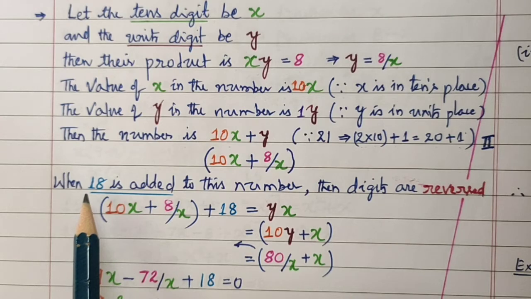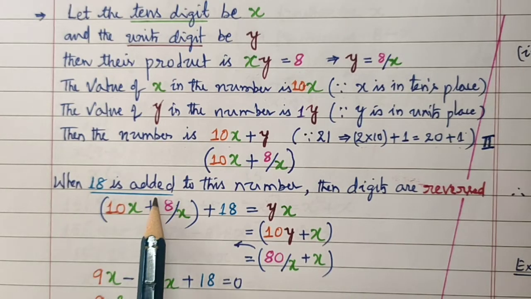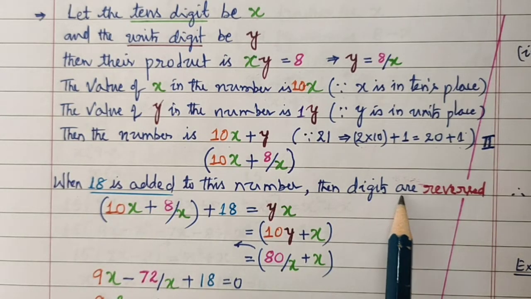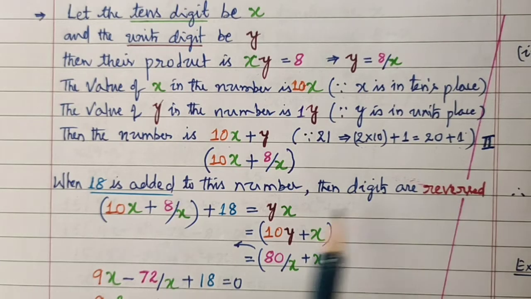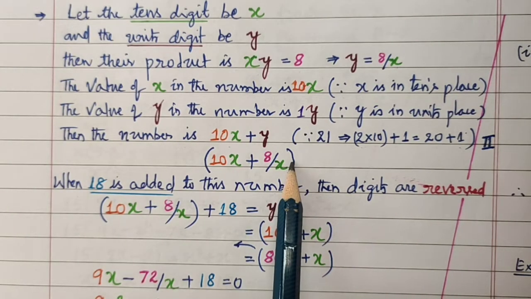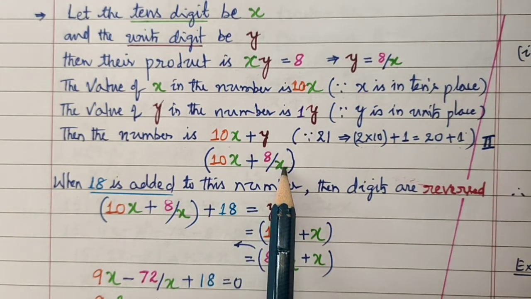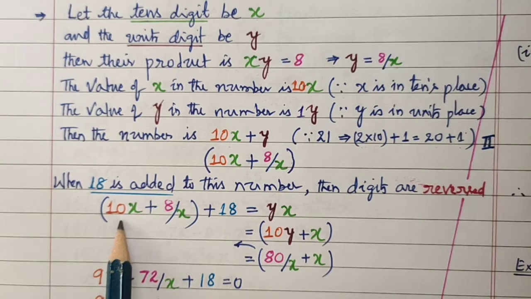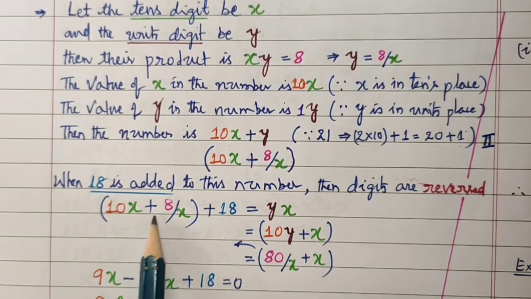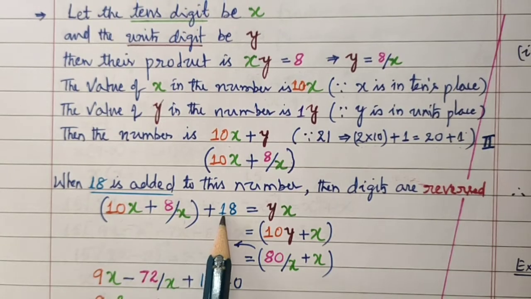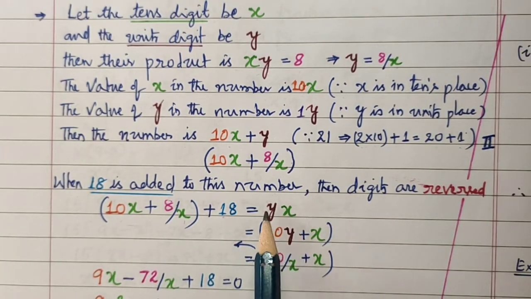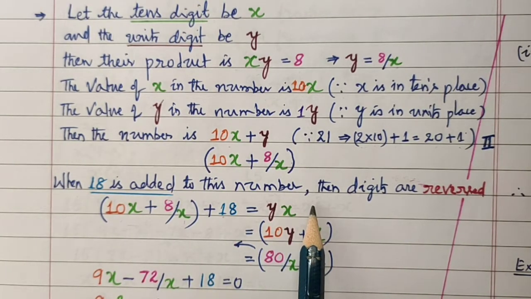Then the other condition: when 18 is added to this number, the digits are reversed. So this is the number, 10x plus 8 divided by x is the number. When we add 18 to that number, the digits are reversed.